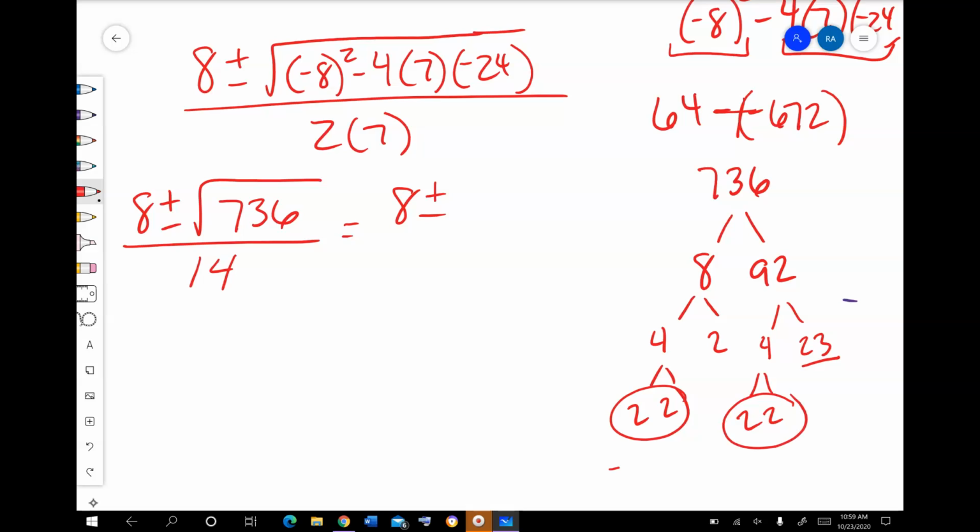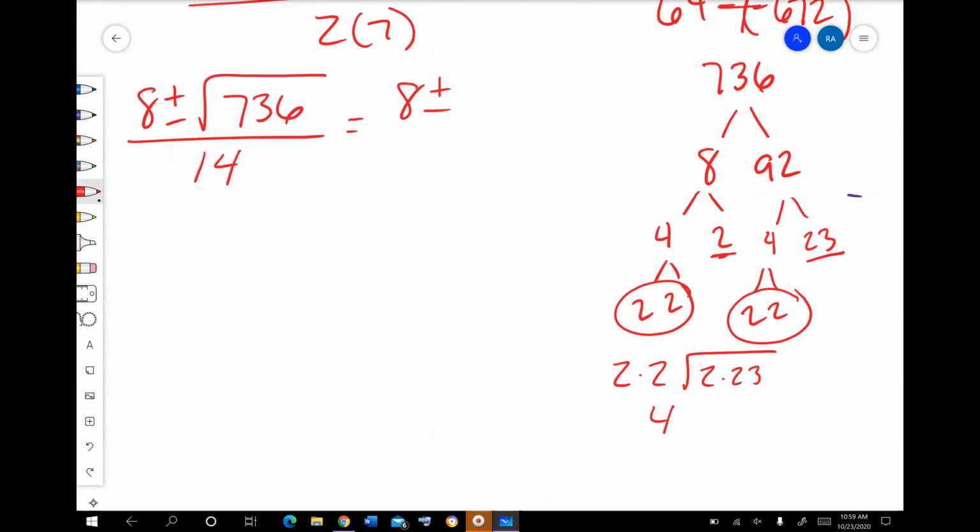So I can pull out 2 times 2. On the radical is going to be what's left over, the 2 and the 23. So this is going to be 4 square root of 46. Okay? So come up here and it's 8 plus or minus 4 square root of 46 over 14.